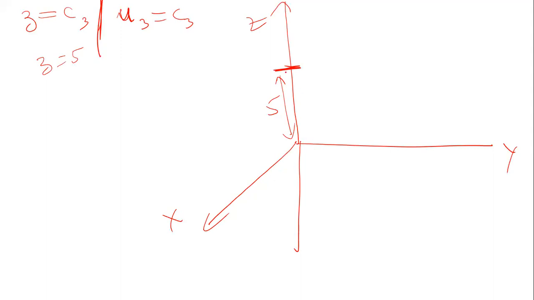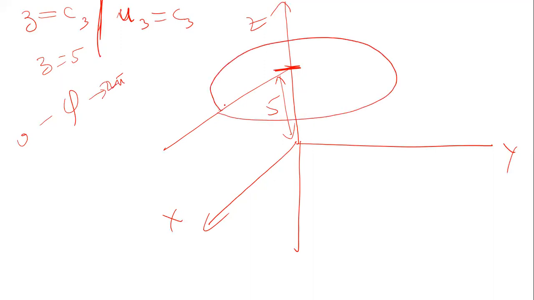Now, if you extend phi from 0 to 2 pi, you can go around the circle. But if you increase rho from 0 to infinity, rho is 0 over here.